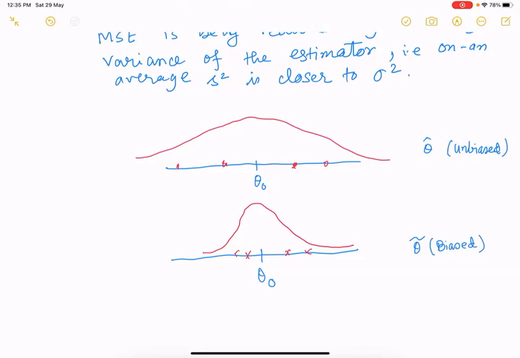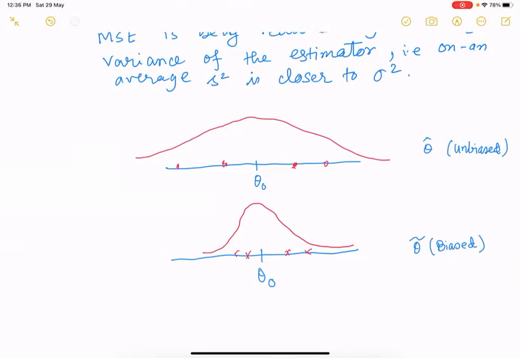I don't even tell you it is MLE or anything. I'm just saying there are two. Yeah, the second one, biased, is better. Why? Because in real life we never know where the actual theta naught is.